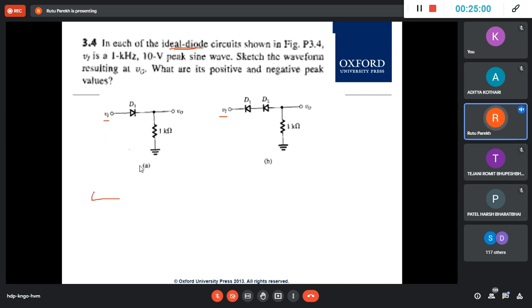Okay, so it is a sine wave and it is 10 volt. So this is 10 and this is minus 10. And frequency is 1k. Okay, and sketch the waveform resulting at V0. So we have to sketch this, that is appearing at the output V0.